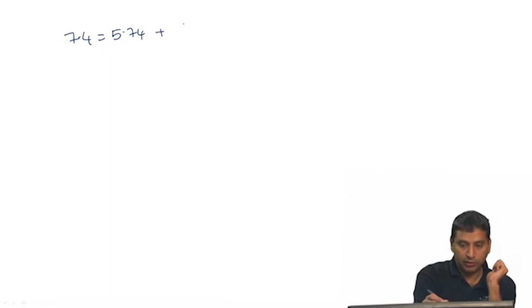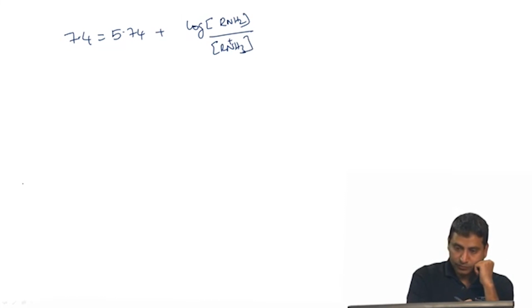For the same situation in pH 7.4, so you get 7.4 equals 5.74 plus log of concentration of RNH2 divided by concentration of RNH3 plus.